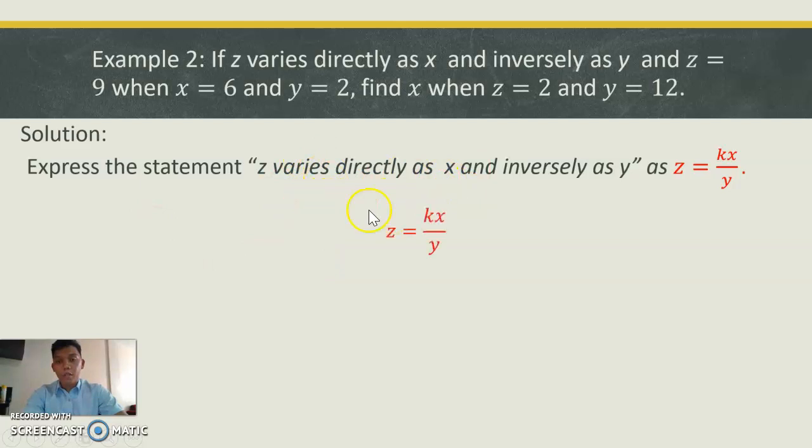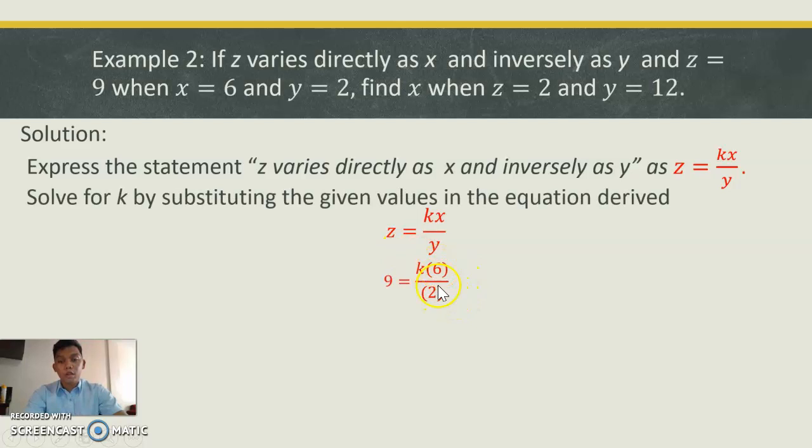Now to find k, we need to substitute the z, x, and y on the first set of given data. So our x is 6, 9 is for z, y is 2. And then you just have to cross multiply.